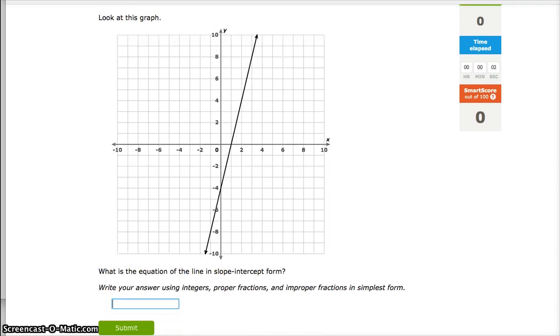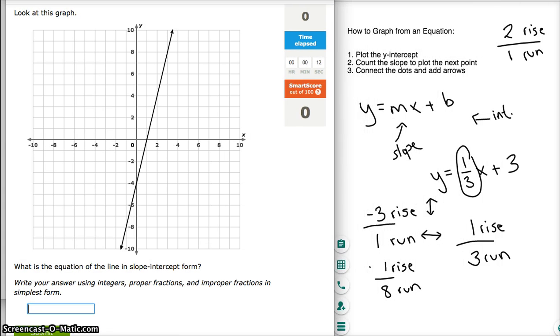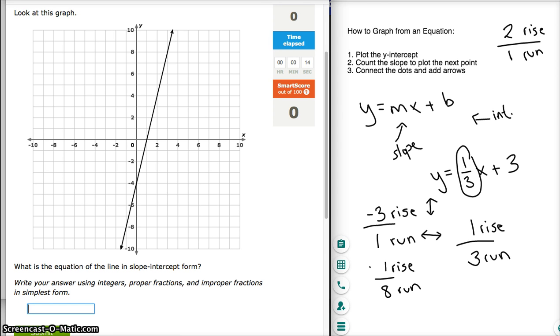Okay, here we go. It's asking us to write an equation.